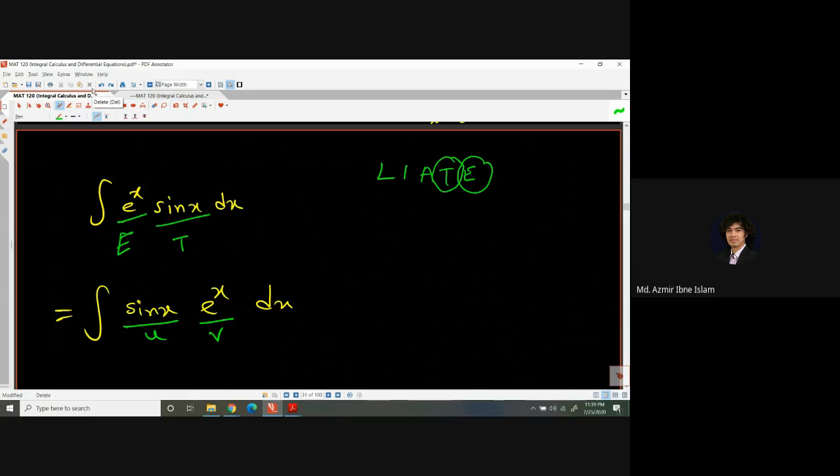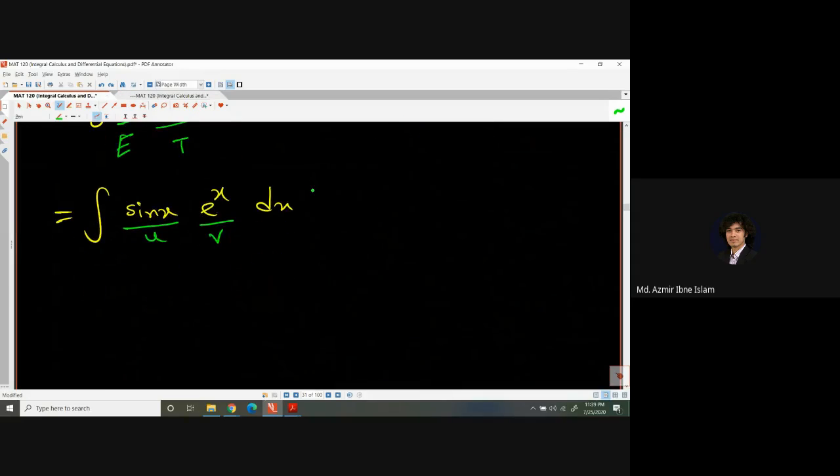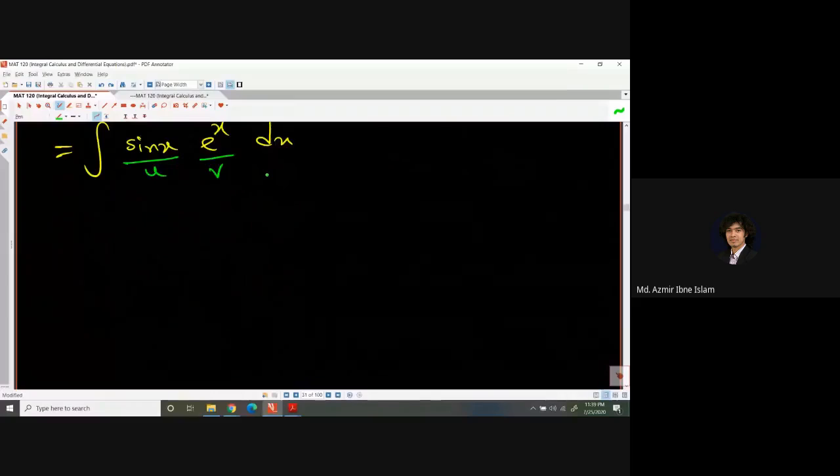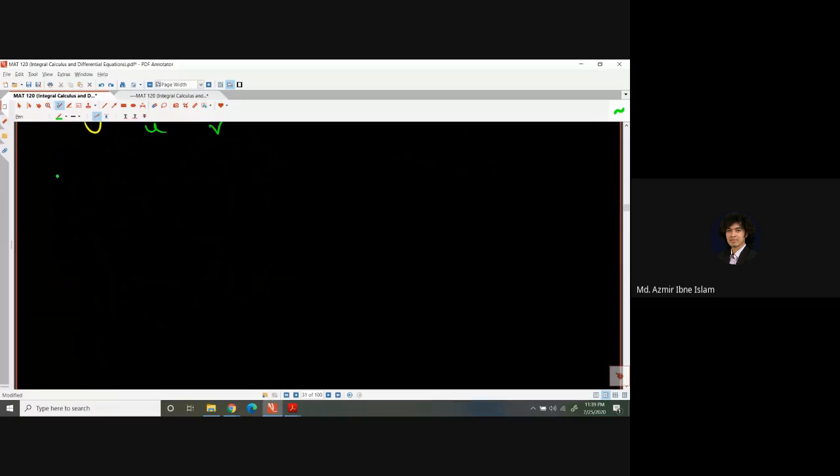Okay, so let's try to understand what integration by parts is. Integration by parts, that is the integration of u v dx, has one specific formula. Suppose we have figured out which function will be u and which function will be v according to LIATE form.